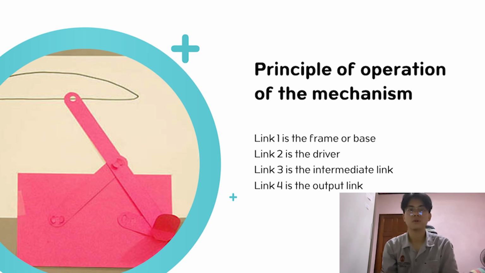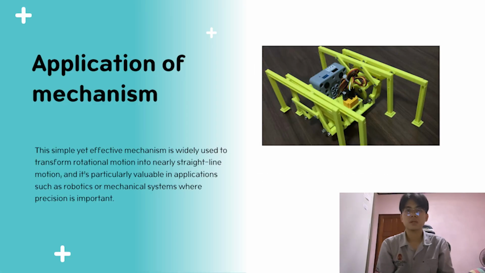As a result, link 4, the output link, starts to oscillate, converting the original motion into a back and forth movement. This simple yet effective mechanism is widely used to transform rotational motion into nearly straight-line motion, and it is particularly valuable in applications such as robotic or mechanical systems where precision is important.